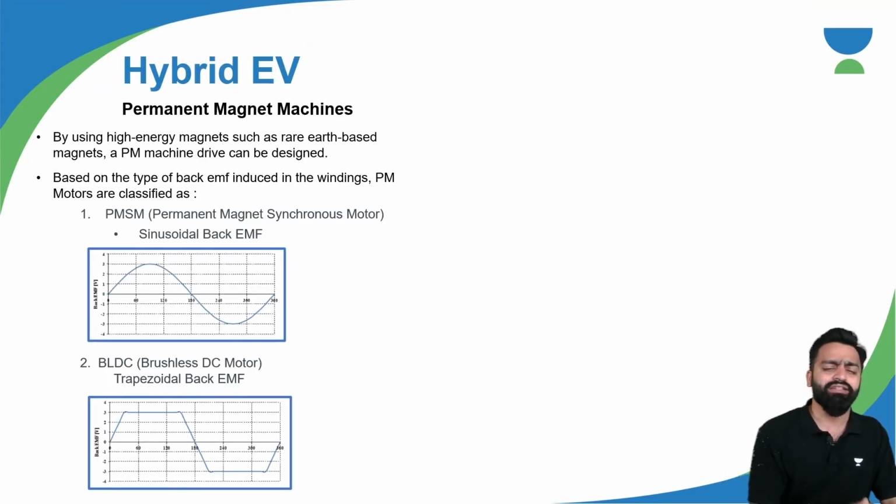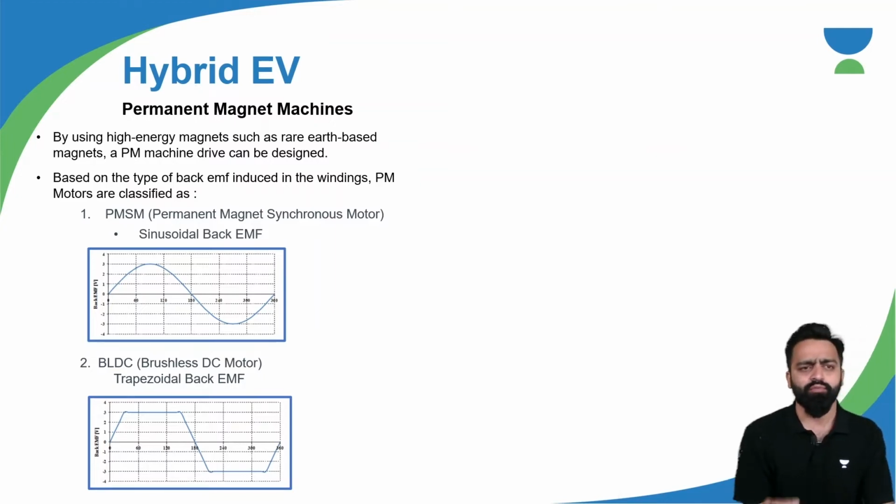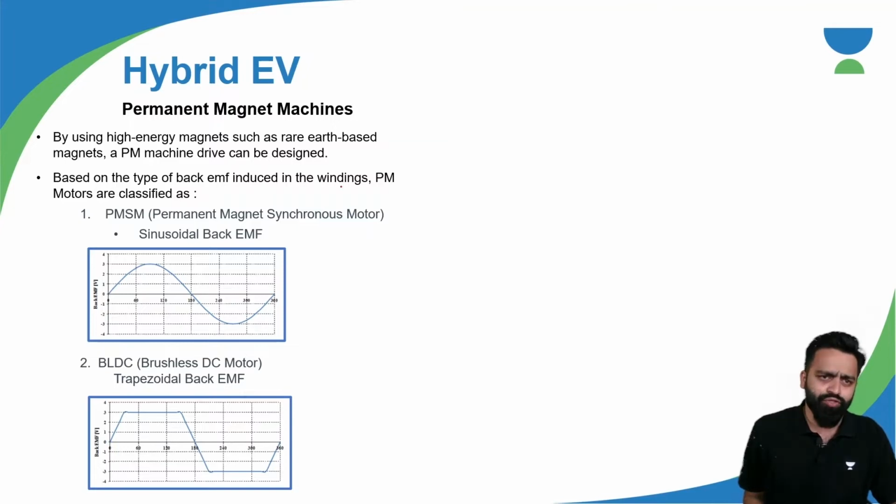Let's understand the permanent magnet motors. Here the permanent magnet motors mostly use high energy magnets, such as rare earth based magnets, and a permanent magnet machine drive can be designed. There are two ways you can have permanent magnet machines. First is the PMSM motor, the permanent magnet synchronous motor.